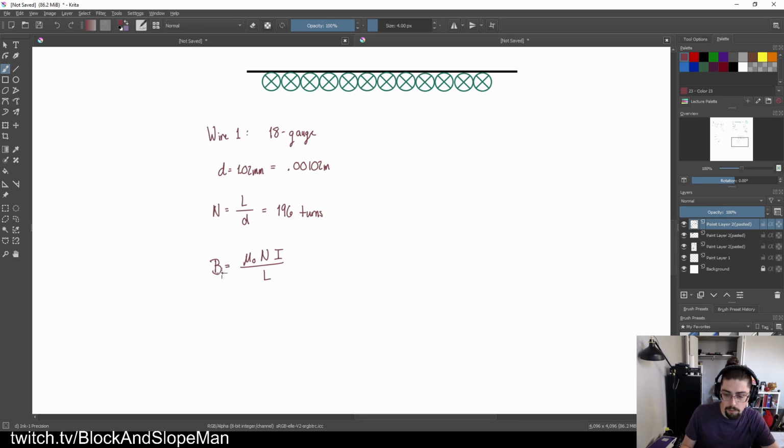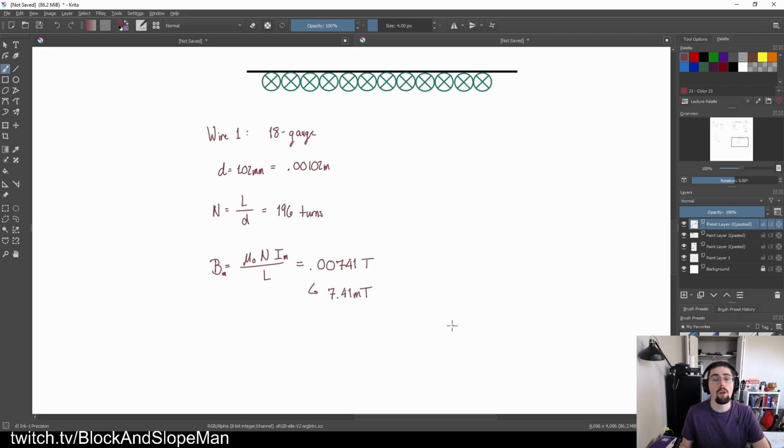So, plug in all these values. I'm going to say max, M for max. Hopefully that's large enough that you can see, but even if not, it's just a little tiny M. I did number crunch this one earlier, and what I find is a maximum magnetic field of 0.00741 Tesla, or 7.41 millitesla.